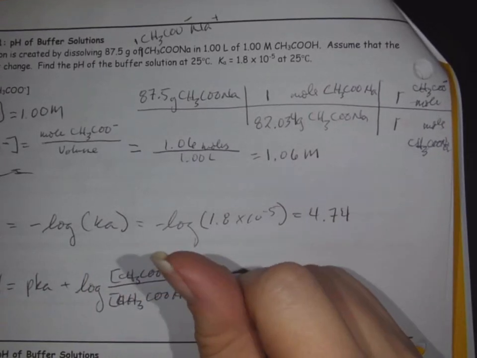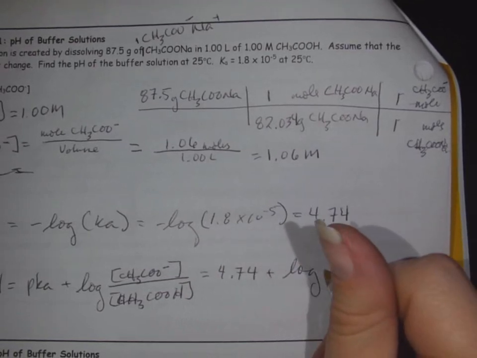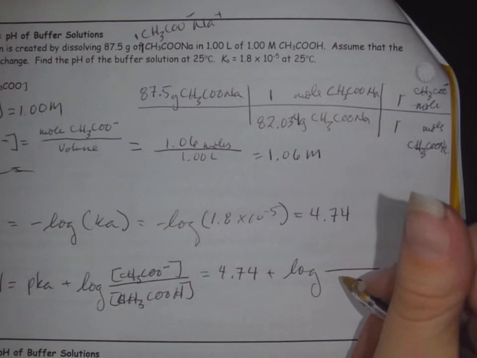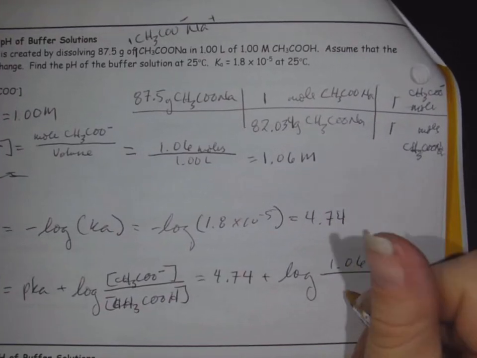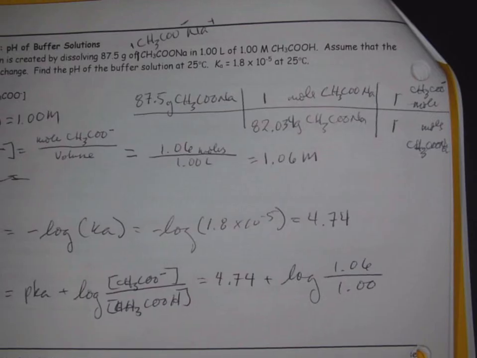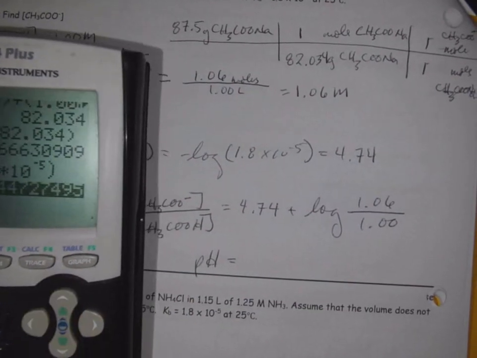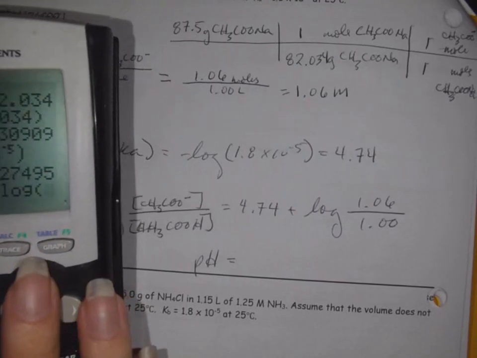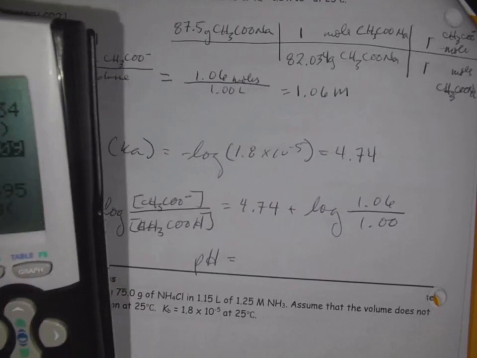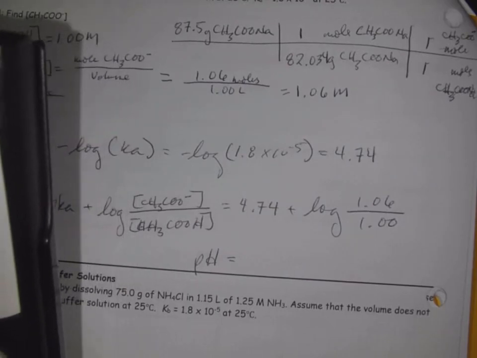So this is going to be roughly 4.74 plus the log of the conjugate, 1.06, I'm going to use my long numbers when I do this, over 1. And let's see what we get. Plus the log of the 1.06 divided by 1, which is just that guy.